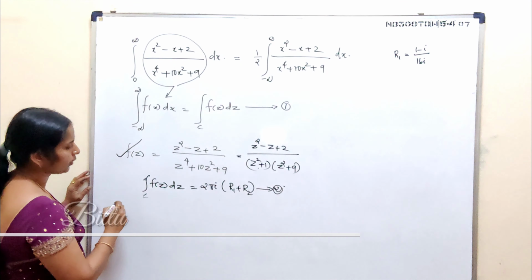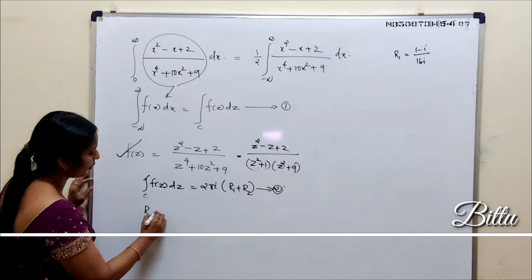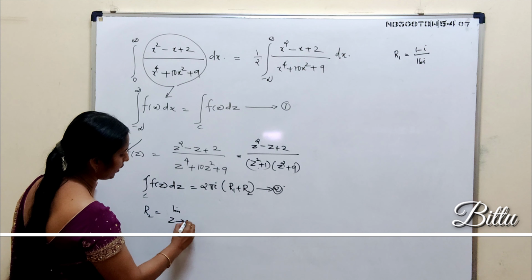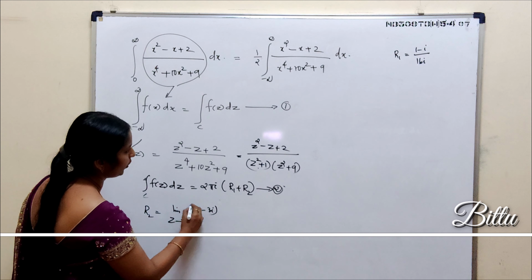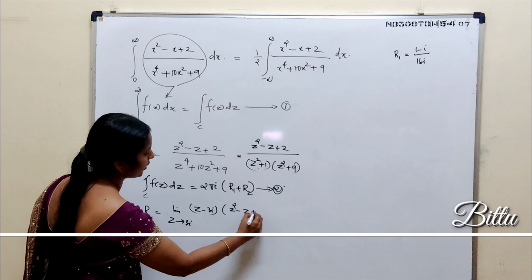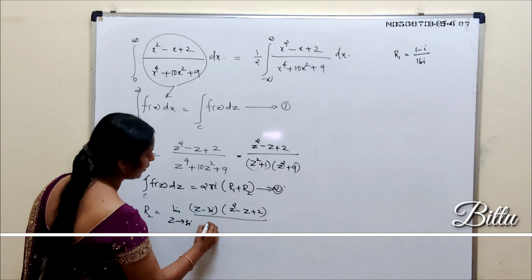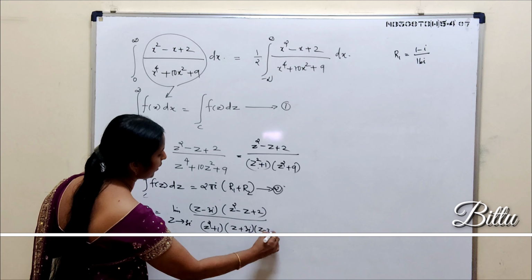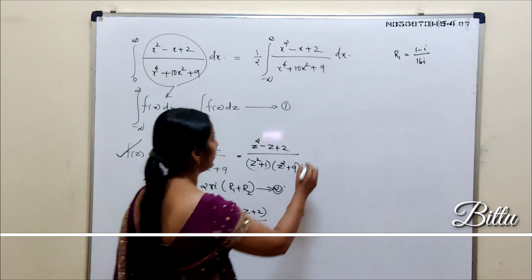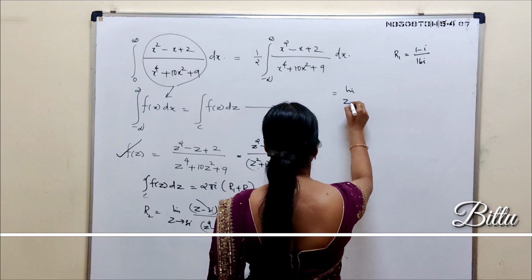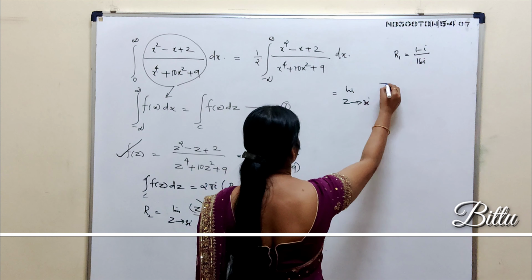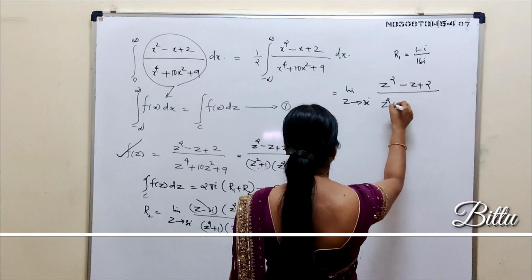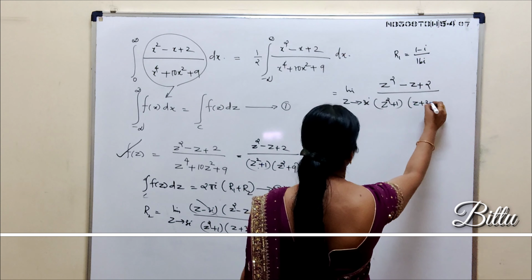Next we have to evaluate R2. R2 is the residue at 3i. That is limit z tends to 3i, (z minus 3i) into (z squared minus z plus 2) divided by (z squared plus 1) into (z plus 3i) into (z minus 3i). It is limit z tends to 3i, (z squared minus z plus 2) divided by (z squared plus 1) into (z plus 3i).